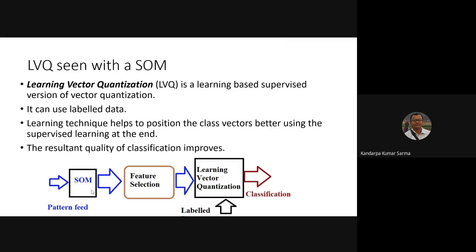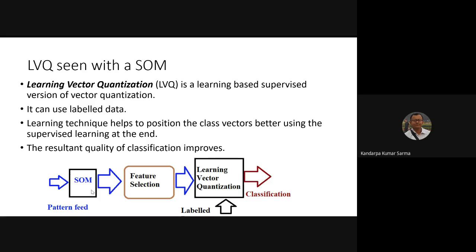The learning technique gives all the relevant support required to place the class vectors at points where, once you finish the learning process, the results and reliability are better than those generated by the SOM. So this finally results in a better quality of classification.